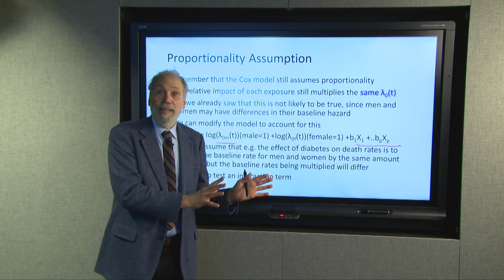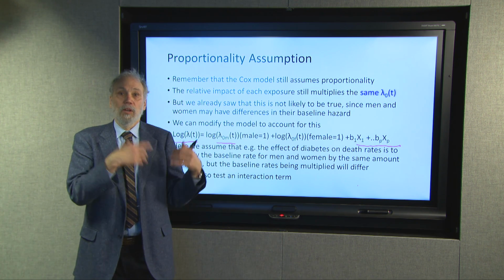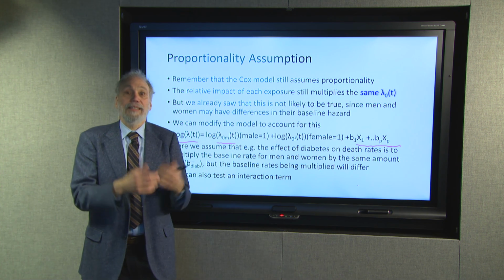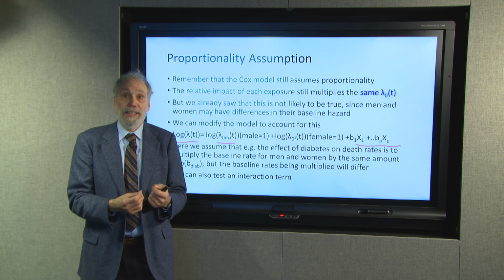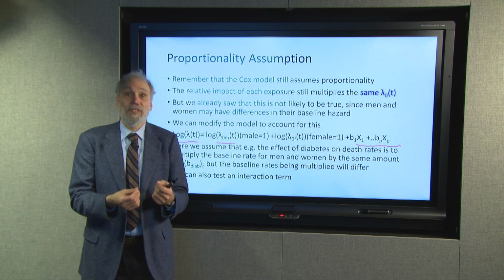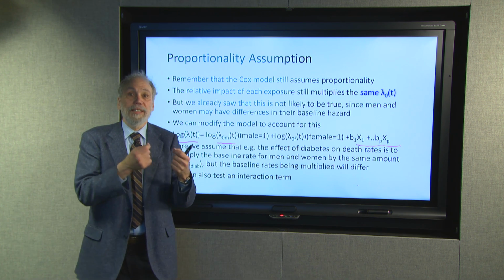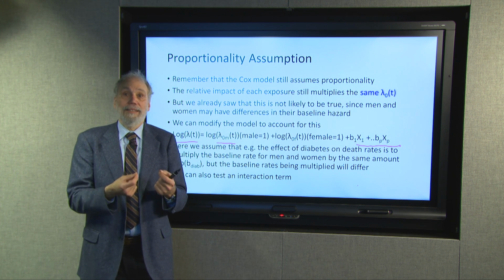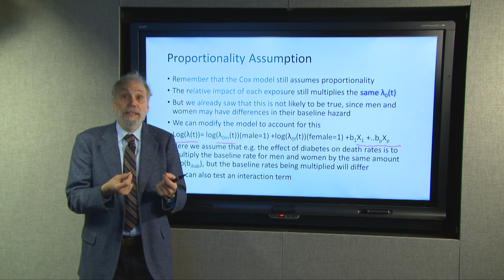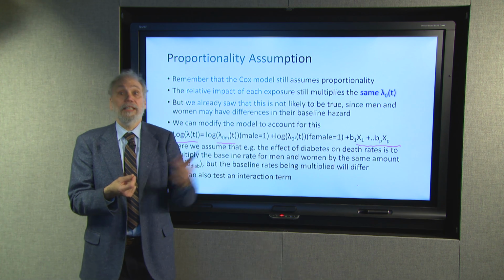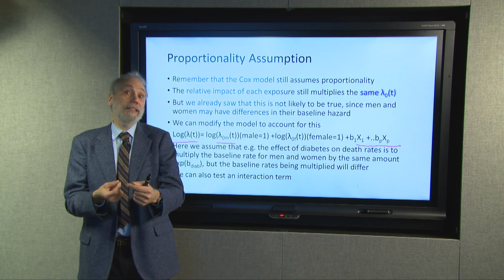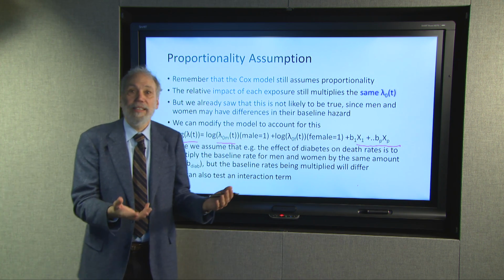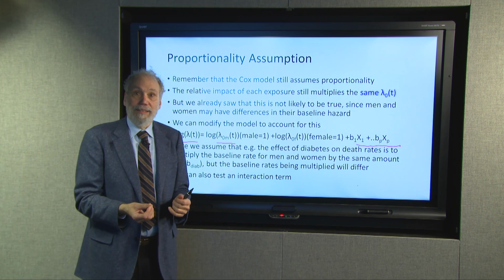So, to summarize, we've defined what a hazard is. It's the instantaneous rate of dying. We've defined what a survivor function is. We've looked at two different ways of defining a baseline hazard: parametrically, with a dummy variable for each year, or a linear time trend for year, or non-parametrically in Cox's model.